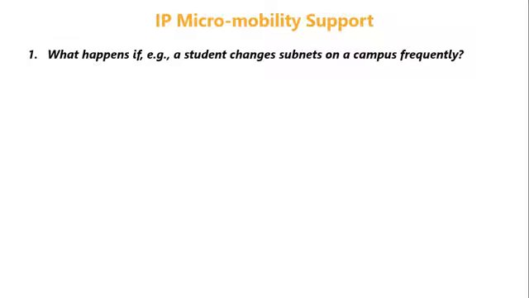The next concept that we'll be discussing is IP micro mobility. So what is meant by micro mobility? See, mobile IP exhibits several problems regarding the duration of handover and the scalability of the registration procedure.